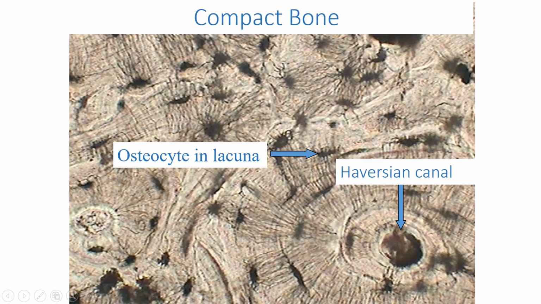But what's different is that these lines here all are canals that connect. And in a bone, all these living cells in their lacunae can communicate to other bone cells. So bone is a very definite living tissue with lots of living bone cells in there, getting their nutrients and their oxygen and getting rid of their waste through vessels and nervous tissue that comes up and down through these canals.